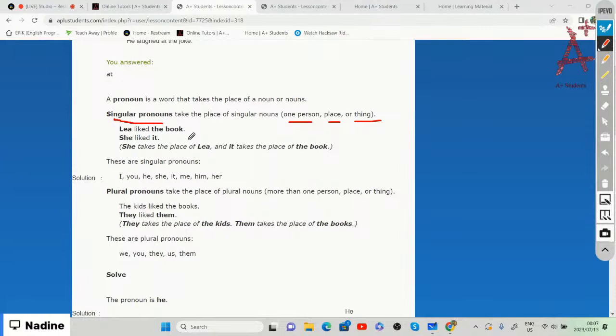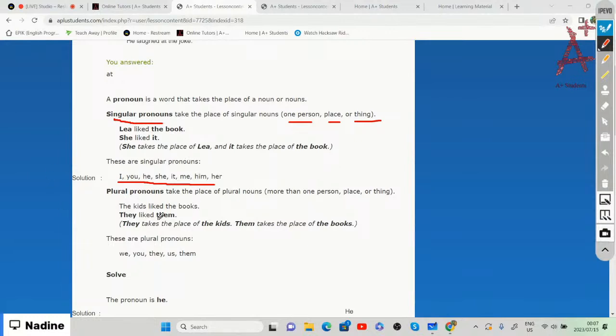The singular pronouns are I, you, he, she, it, me, him, and her. So these are all singular pronouns, which refer to one person, or thing, or place even.